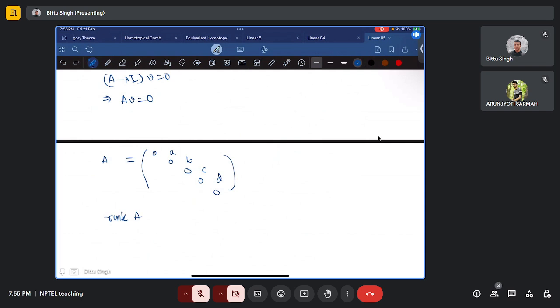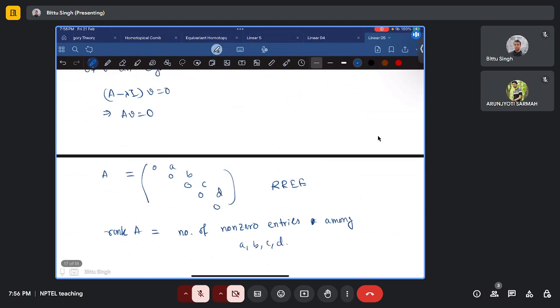This is already in row reduced echelon form. Therefore, the rank of A is the same as the number of non-zero entries among those A, B, C, D.